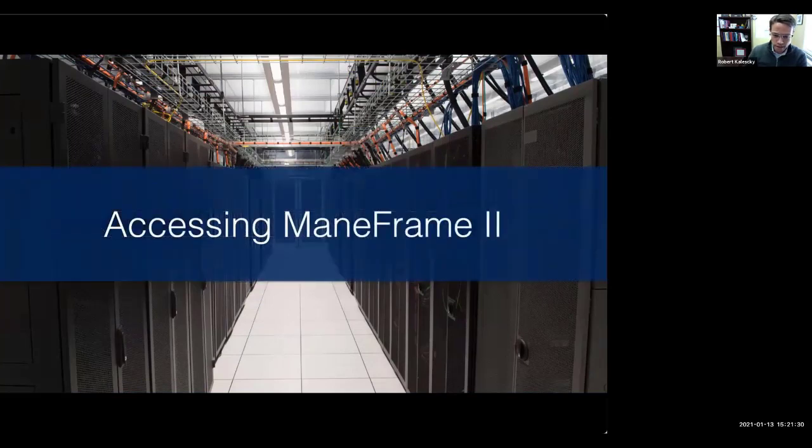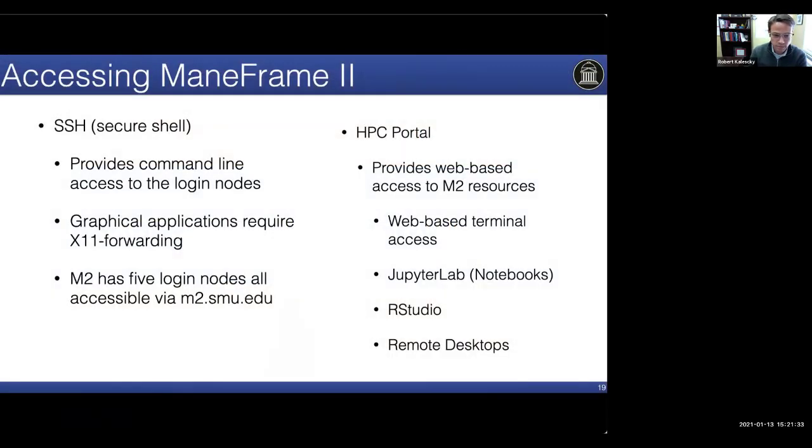Okay, so how do I access M2? There's two major ways to do it today. There's SSH, which stands for Secure Shell, and this is the kind of classic terminal-based, opening a terminal window on whichever operating system you're using, and you can use your credentials to log in, your username and SMU password. SSH allows what's called X11 forwarding, which allows you to run graphical applications off of M2, and they will be displayed locally on your own machine.